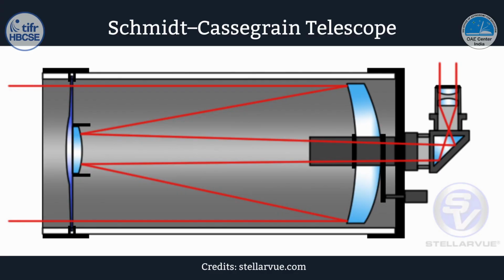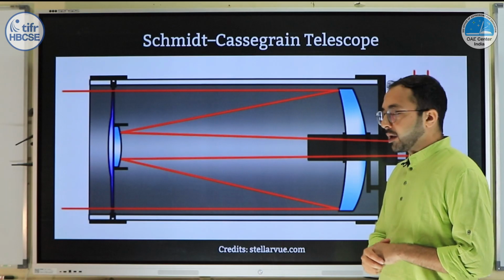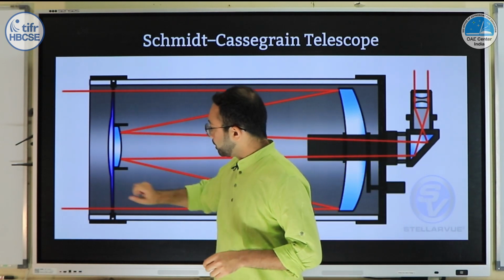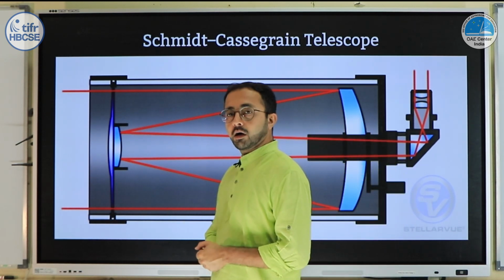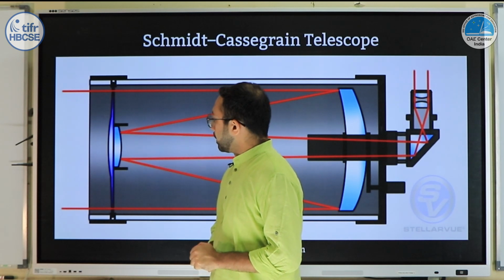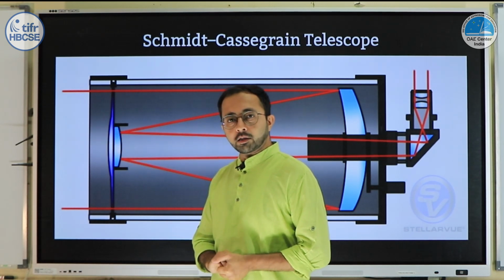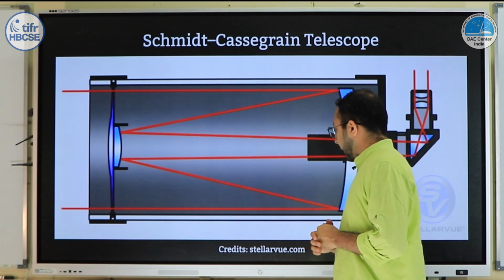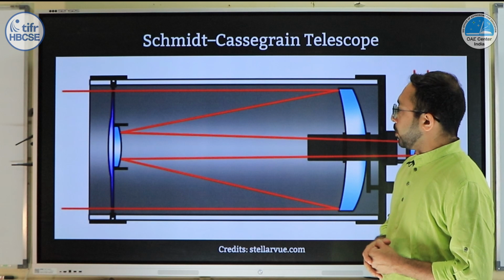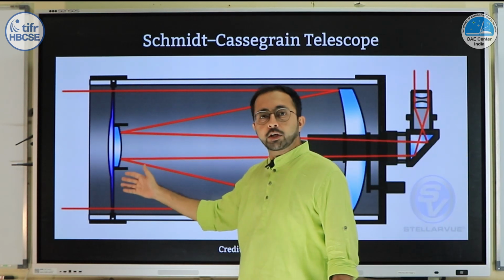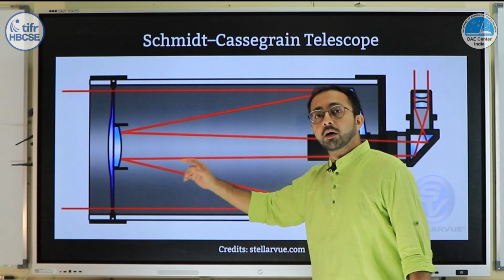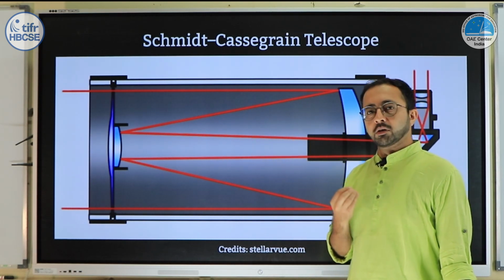This is basically a Cassegrain telescope with a spherical mirror and a correcting plate at the start of the tube called the Schmidt correcting plate, which also has another hyperbolic mirror here, which is the secondary mirror. The advantage of this design is that you cover the aperture of the tube, which saves both your primary and secondary mirror from dust or moisture or any other issues.